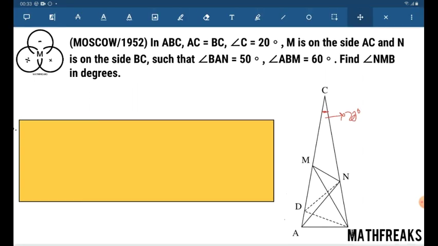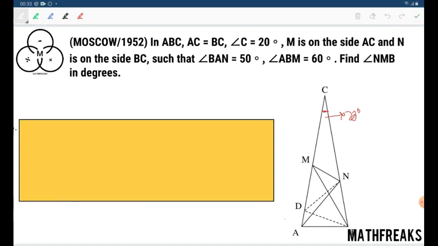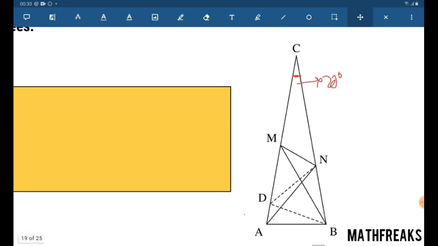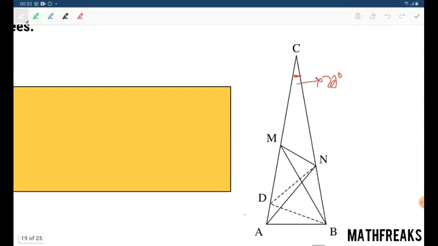Now let's start to chase the angle. This is 50 degrees. This part is 60 degrees.